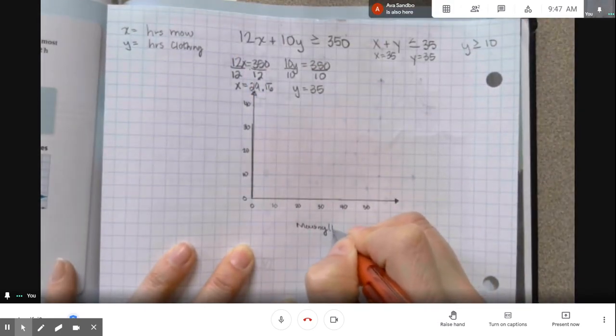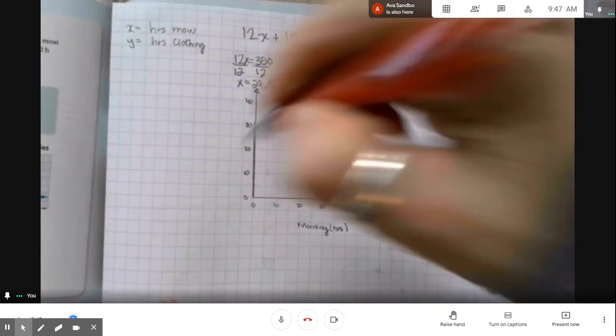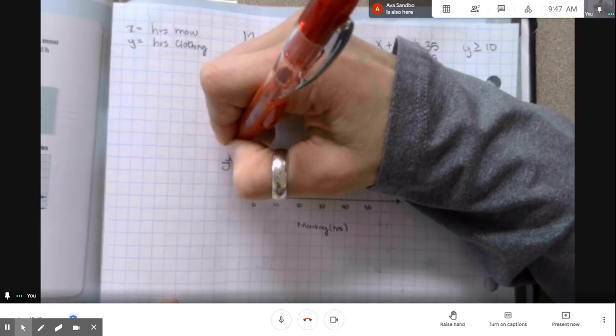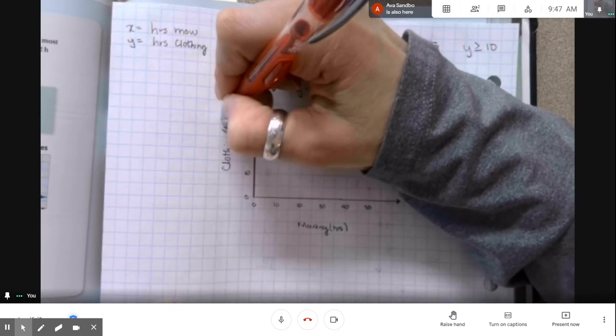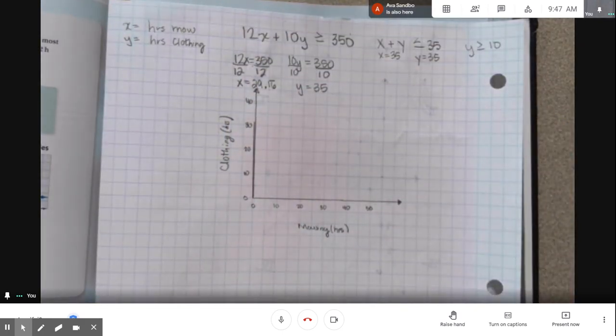So this will be the mowing hours, and this will be the clothing store hours. And then start plotting your x and y intercepts on there. Notice how I don't have any negatives on this graph. Why is that? There are no negative hours, so you only have quadrant 1 in our graph.